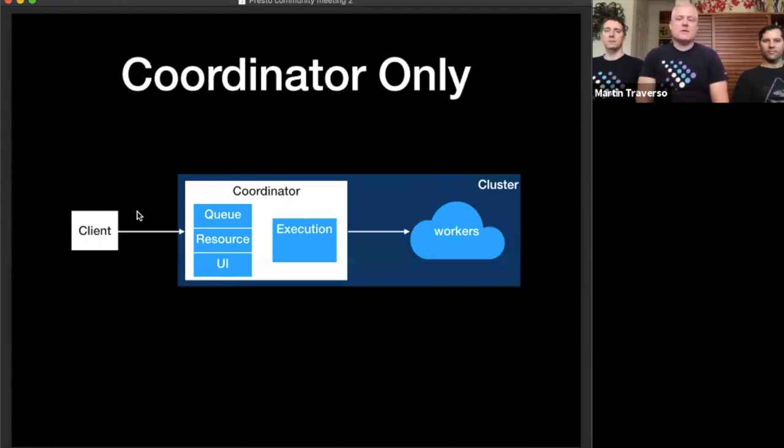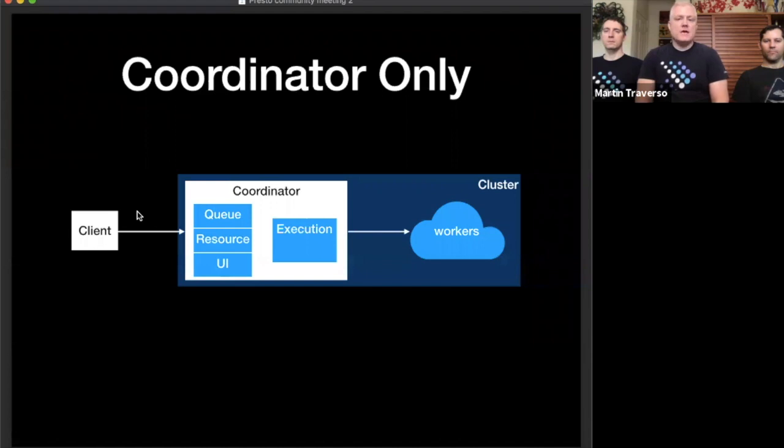So the coordinator has multiple jobs today. It does all of the resource queuing before things get involved in execution. It coordinates the execution of a handful of queries. And it also tracks resource usage on workers. It manages the UI and a bunch of other stuff like that.